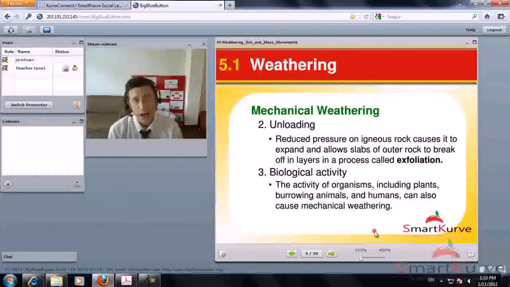Remember, magma is that hot liquid rock buried deep in the earth. When that magma cools, it freezes. It goes from liquid rock to a solid rock, from hot liquid rock to cool solid igneous rock.